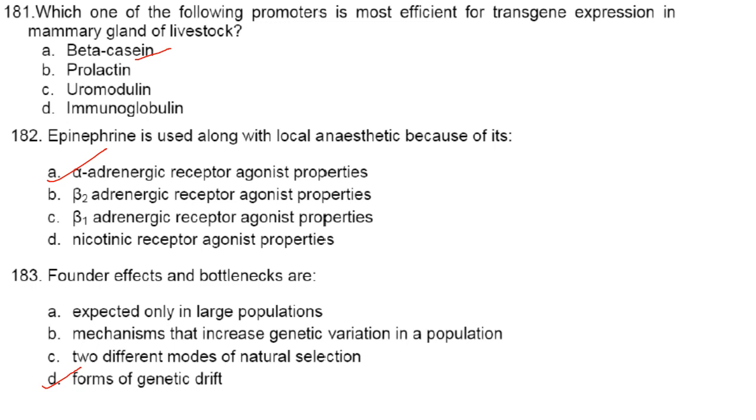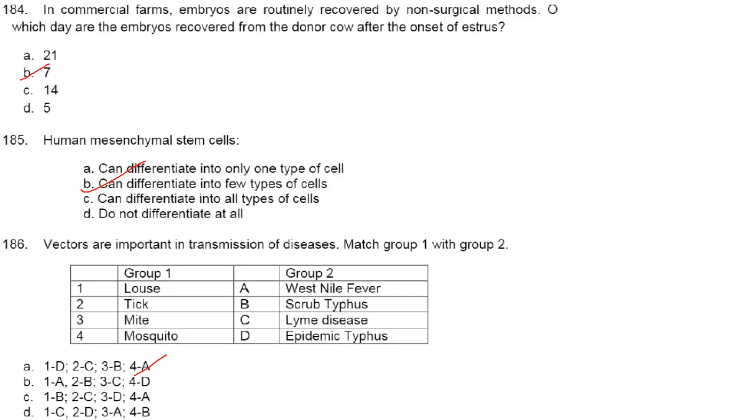Epinephrine is used along with local anesthetic because of its alpha adrenergic receptor agonist properties. Answer is option A. Founder effect and bottlenecks are forms of genetic drift. Answer is option D. The next one.